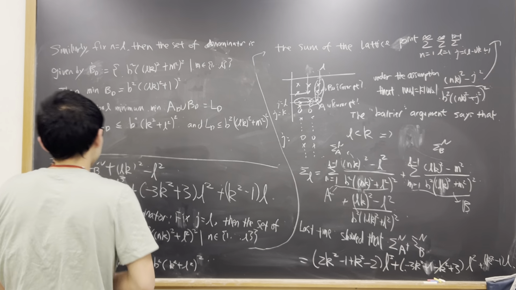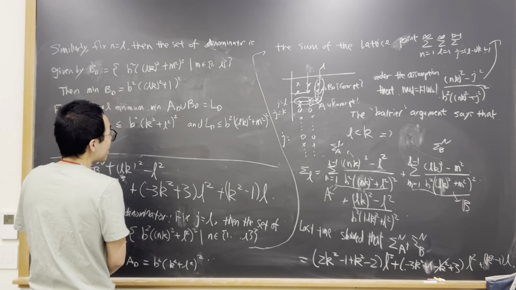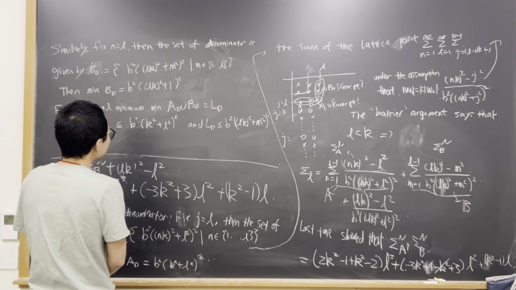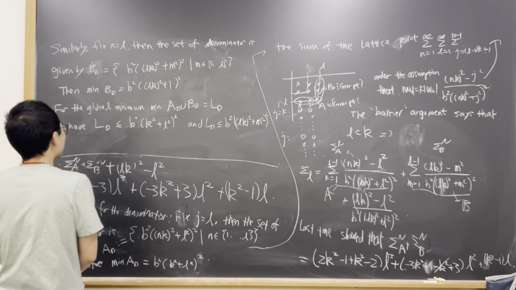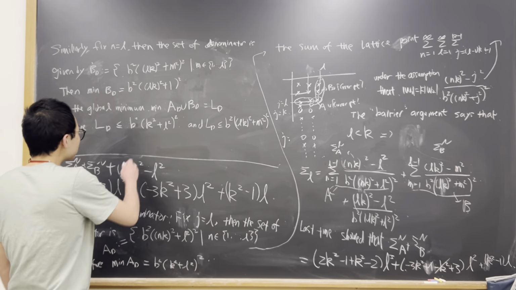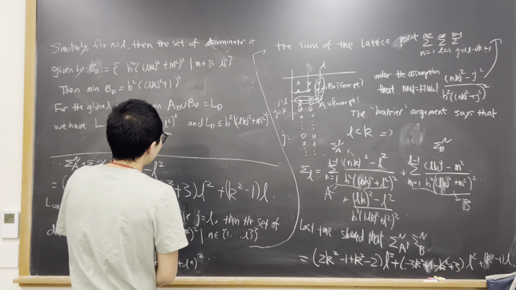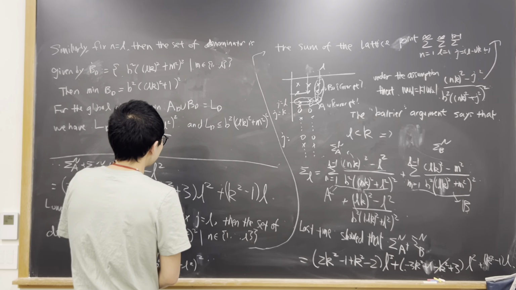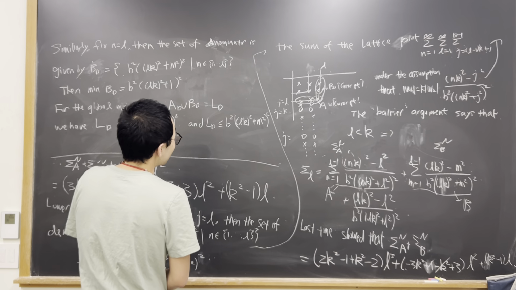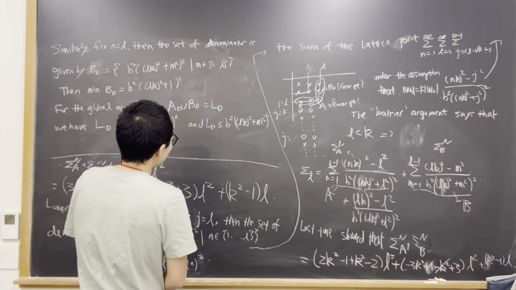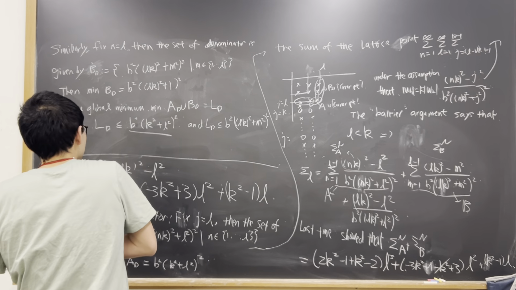So then it must be one of them, right? Because it can be, yeah, it must be one of them. It can be bigger than both.